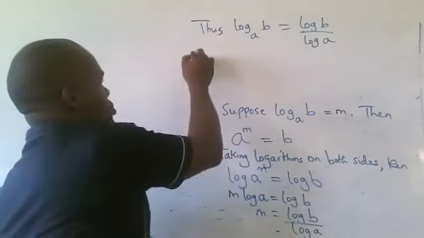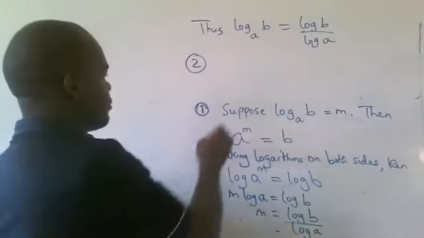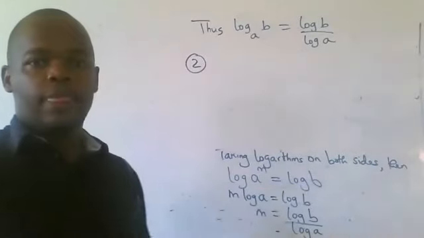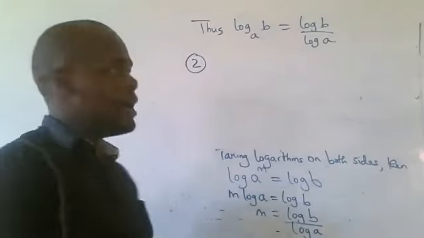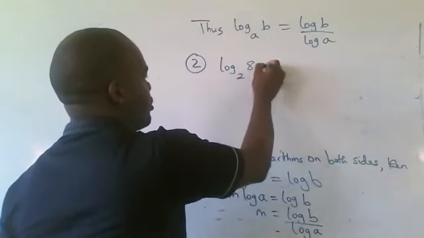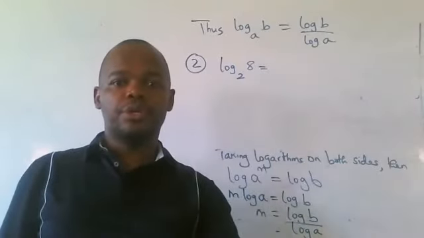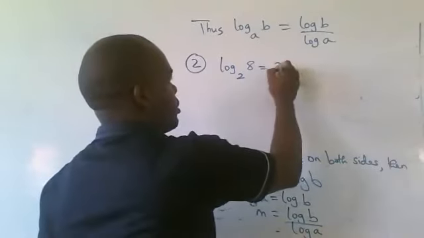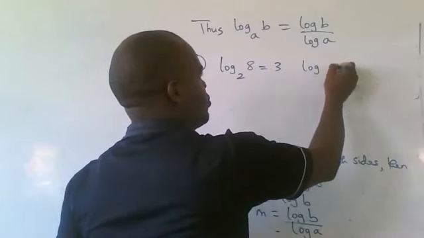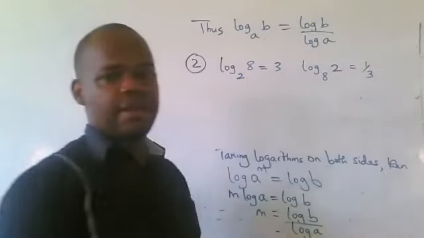Then number 2. If I have something like log 8 to base 2, what is log 8 to base 2? It is 3. And what is log 2 to base 8? You will realize it is a third.